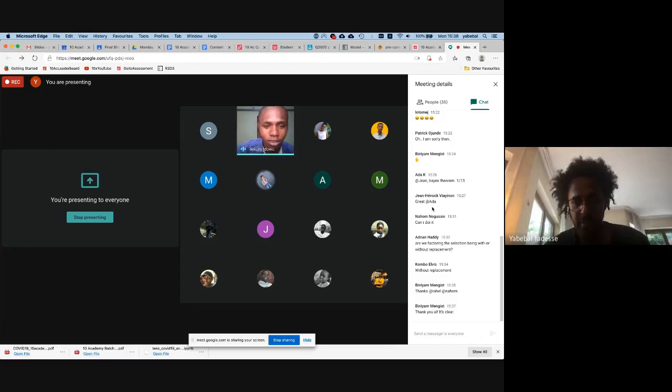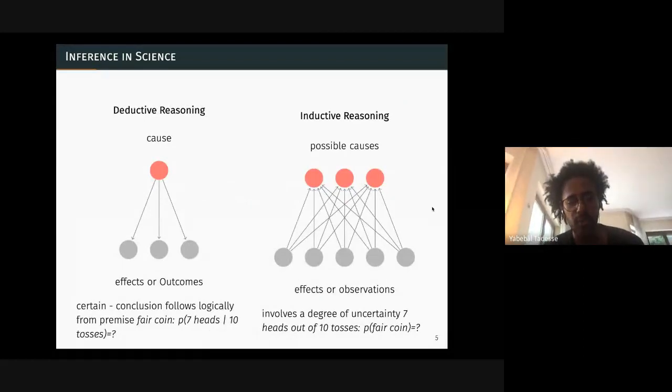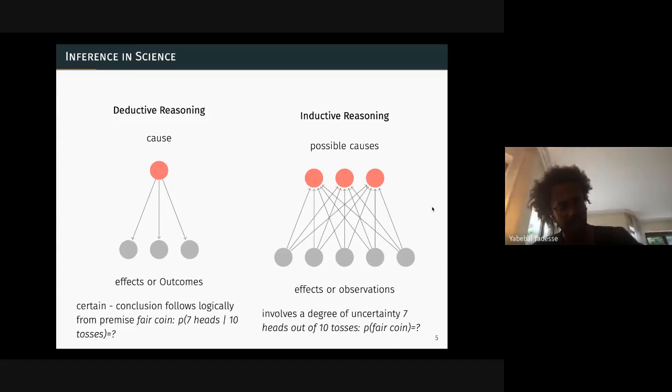Yes, exactly. It is about which way you go. The first one assumes there is a fair coin. When you start from that, or from an axiom in mathematics, and then you do an experiment and the outcome is told to you, then it's purely not probabilistic, because you know it's fair.